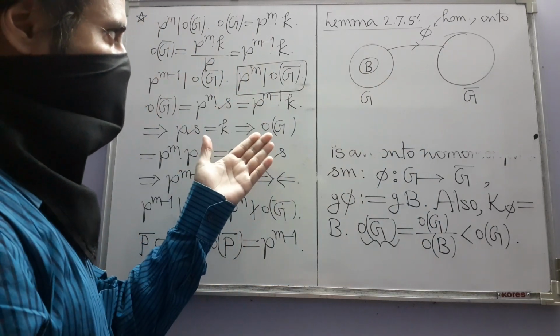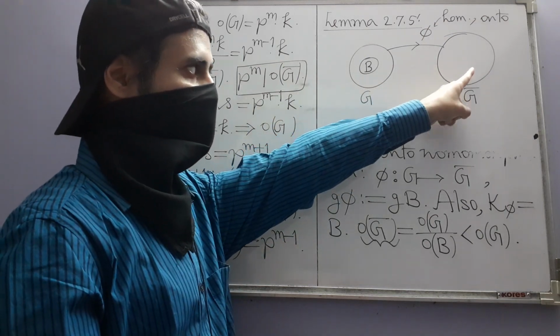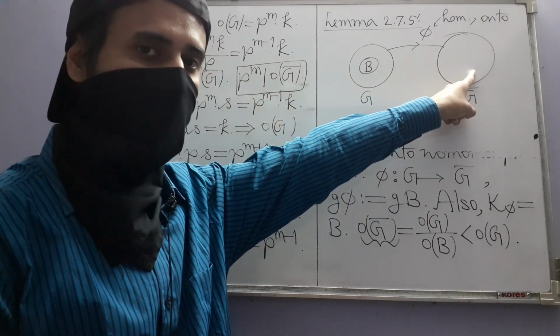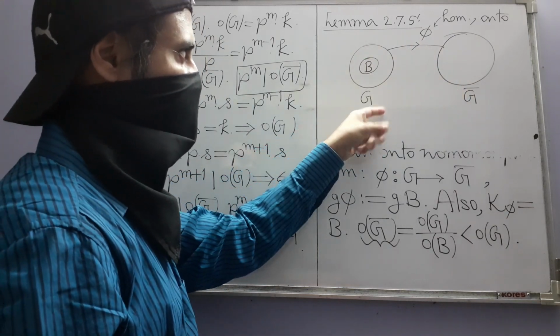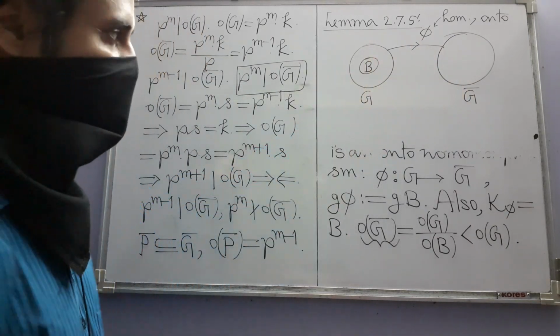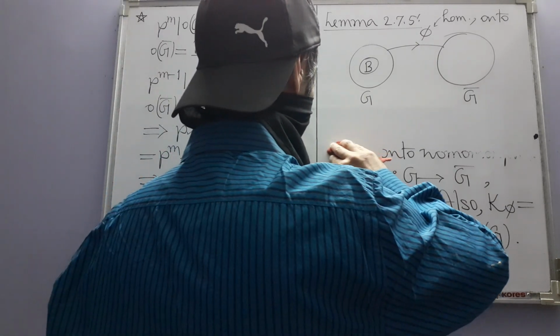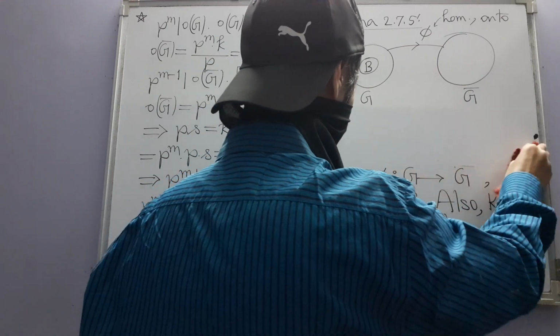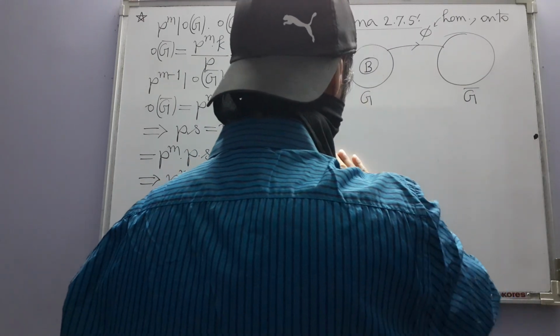Then there exists a correspondence between the set of subgroups of G bar and the set of subgroups of G containing B. What that means is this, and the actual specific correspondence is just this.